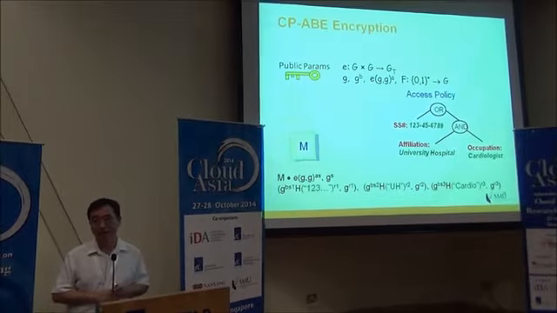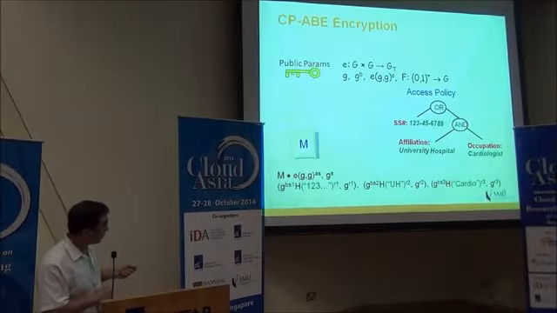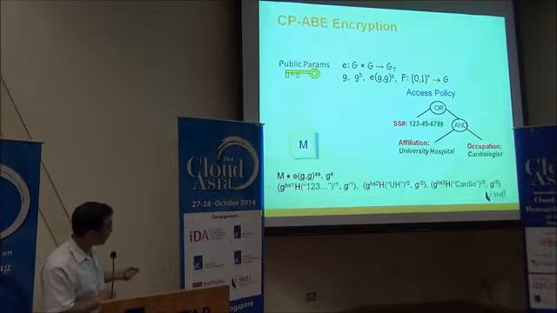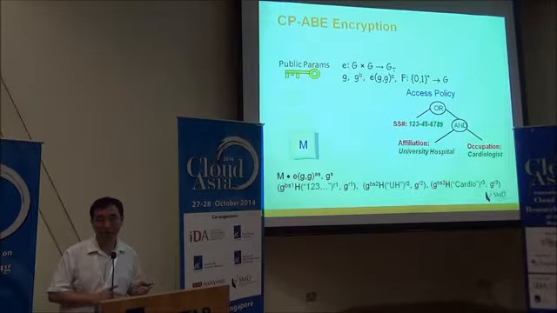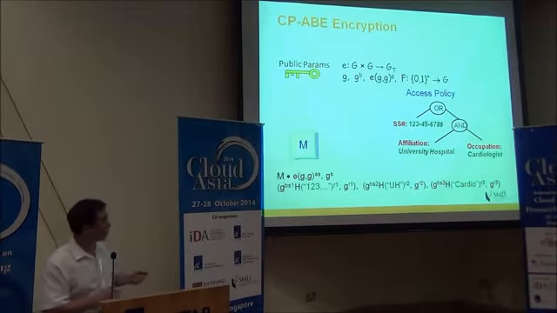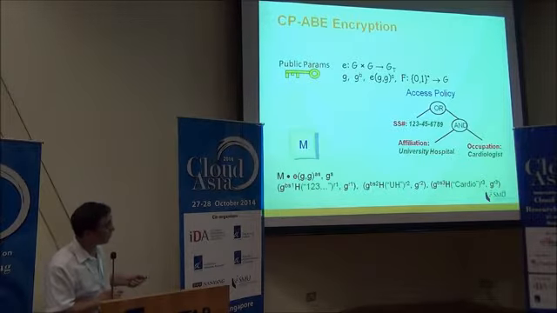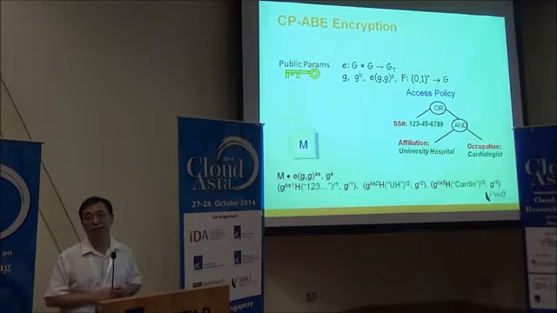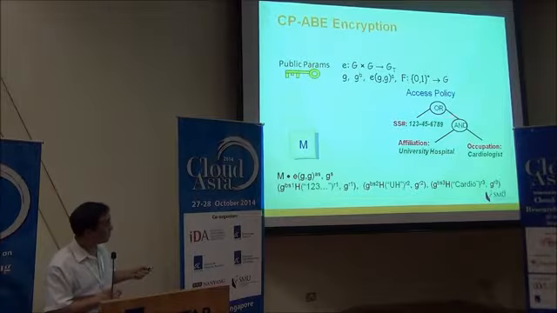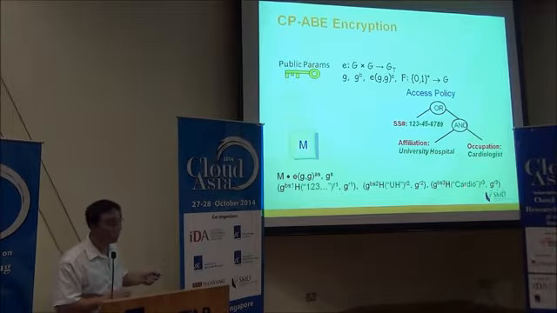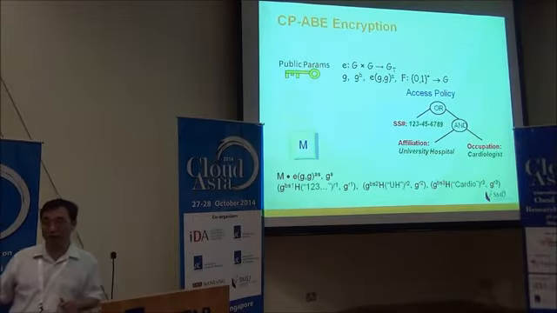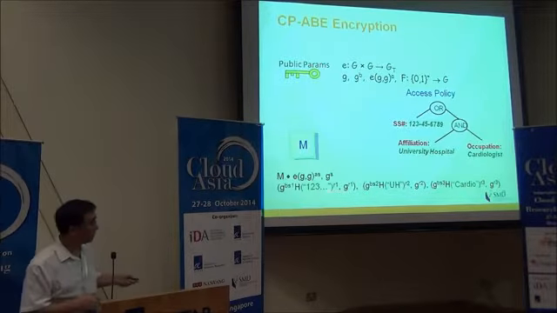All right. And now after that, we have 1, 2, 3 more terms. Each term corresponds to a leaf in the access control tree. So for this attribute, we have this component. The second attribute, we have the second component. The third attribute, we have the third component. So if you have 100 nodes, you're going to have 100 components.